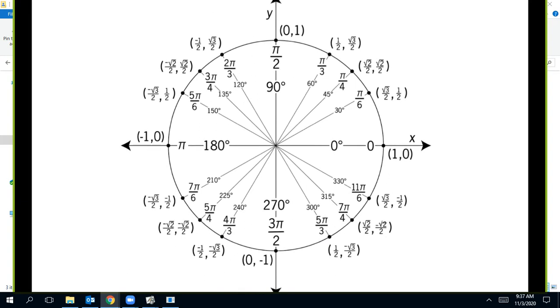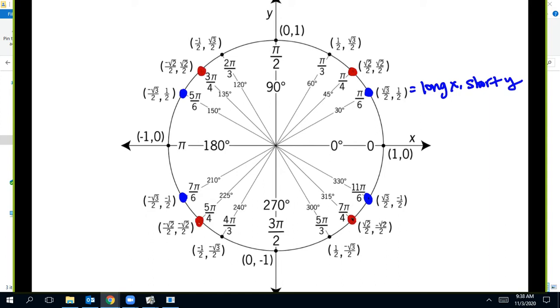So I just want to highlight a few things. Basically, all of the 30-degree triangles are also over 6, the ones that are close to the x-axis. And so I like to think of these as having long x, short y. Then we have our isosceles triangles here, which are over 4.